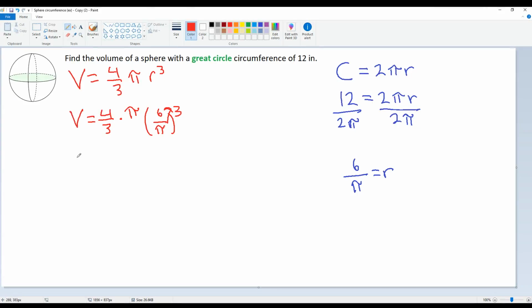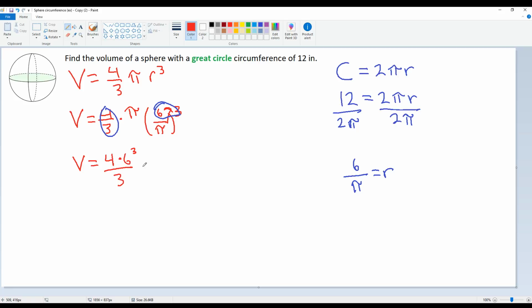So I want to rewrite this so that I have everything kind of grouped together. I want to get rid of those parentheses and just deal with each of these individually with their exponents, and I want to separate the numbers from the pis. So 4/3 times 6 cubed. So that takes care of this and this.